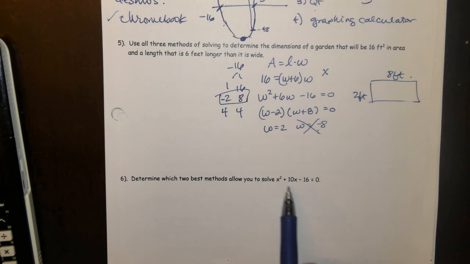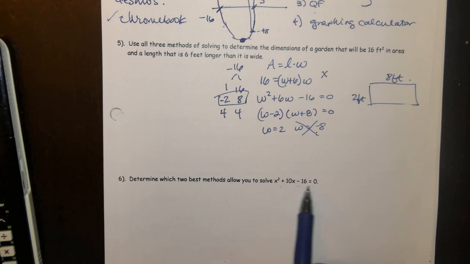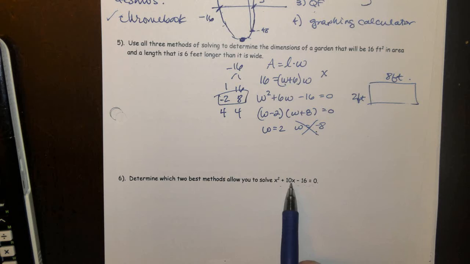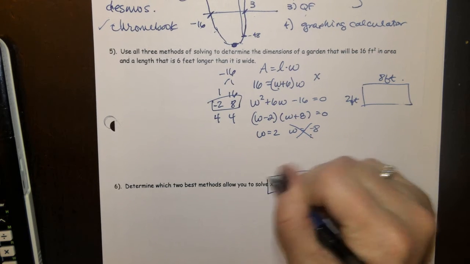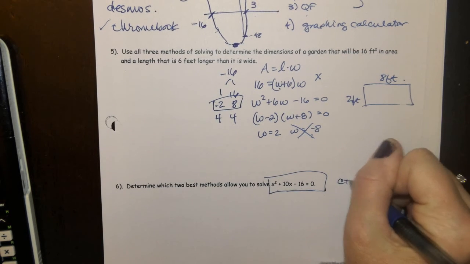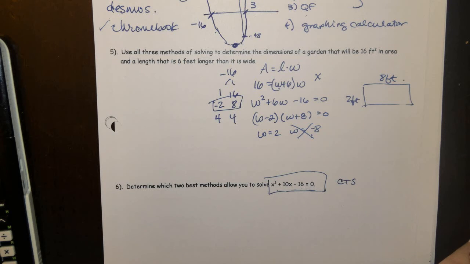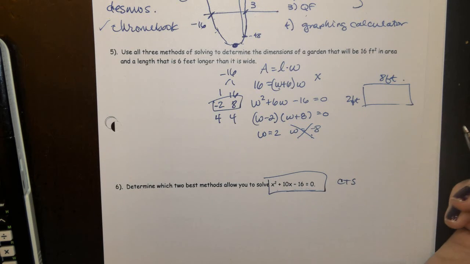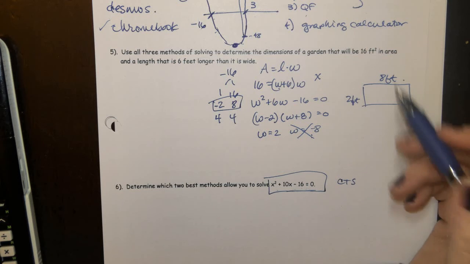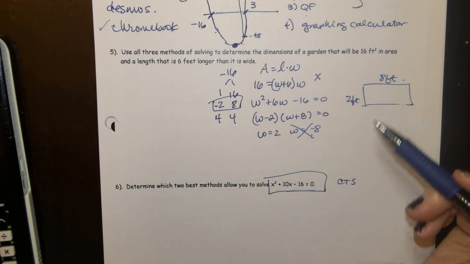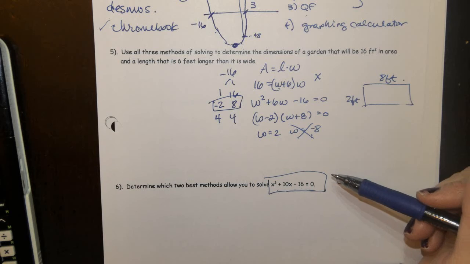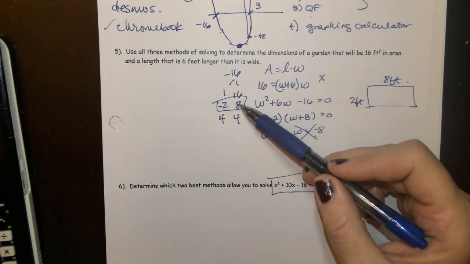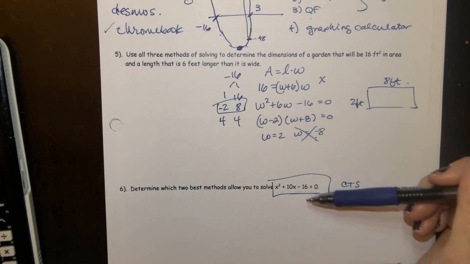So this one is x squared plus 10x minus 16. To me, right here, I would solve this by completing the square. The factoring, 4 and 4 won't work, 8 and 2 won't work, because one of them has to be negative.